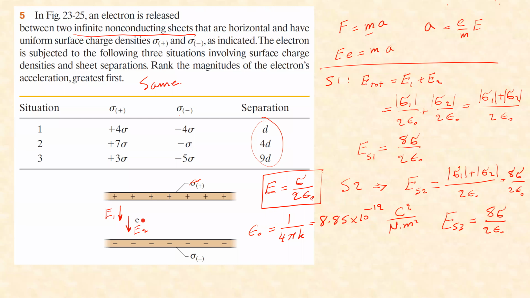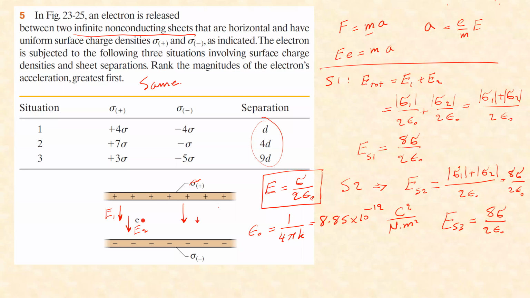You see, it's just a matter of figuring out the formula for the electric field. The formula is sigma over 2 epsilon naught. Of course, here we have 2 of them, then you add them. For the first situation, both electric fields are the same and in the same direction. For the second one, the first one is much bigger and the second one is smaller, but the sum of them is the same.